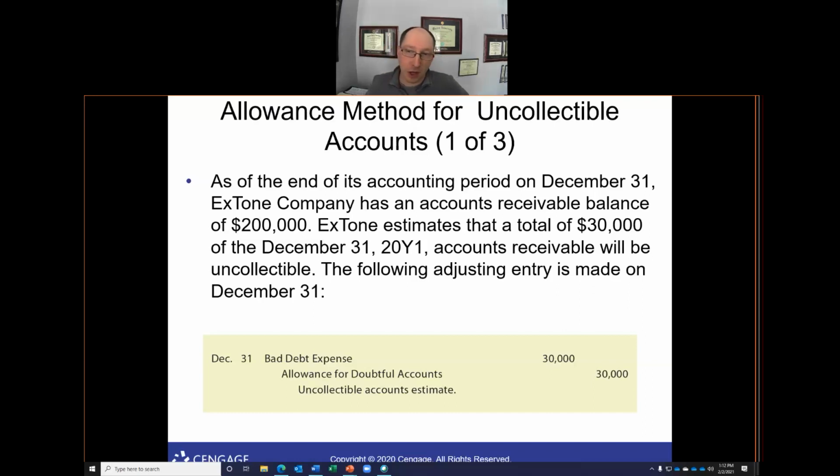So what we do as a company is we estimate that a certain percentage won't pay. And so to record that estimate, we debit bad debt expense and we credit the allowance for doubtful accounts. That's the idea. It's an estimate, right? So in this case, our company's estimating we won't be able to collect about 30,000 of the total 200,000 from our customers.